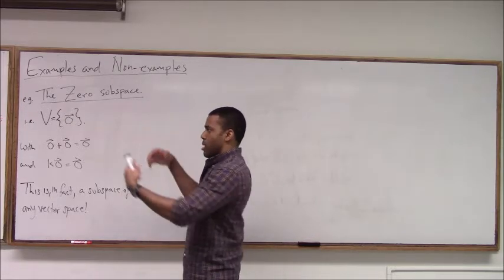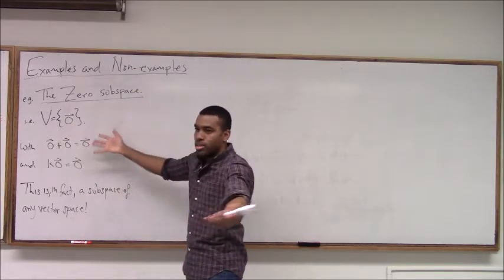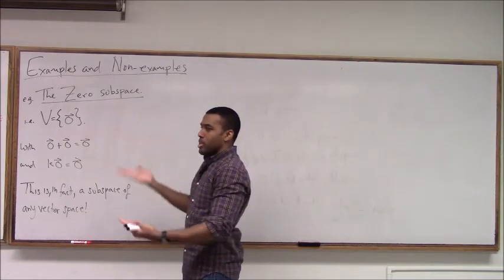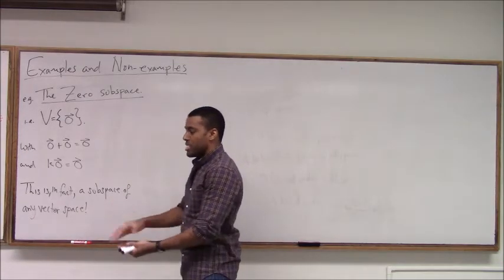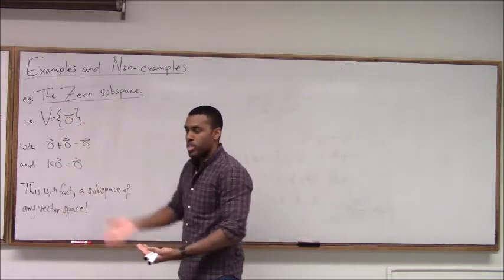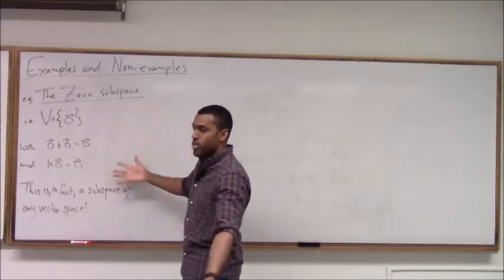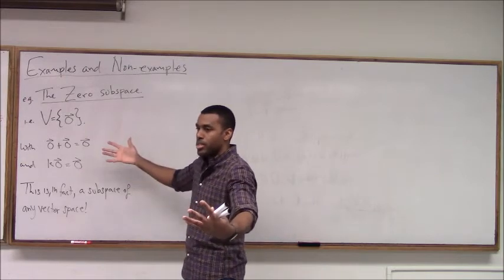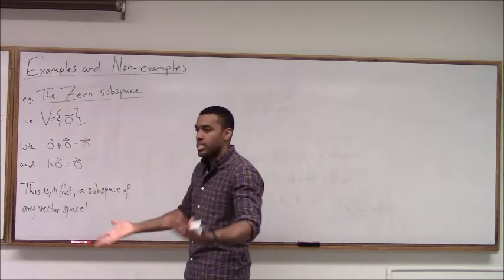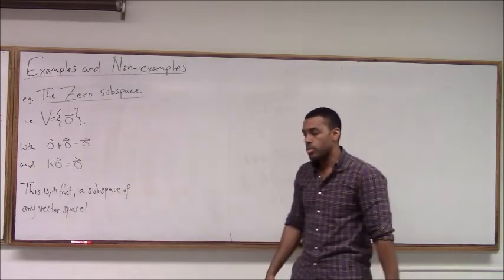So you can say, okay, I'm looking at R3, right? But let's look at a subspace of R3. So you know you're looking at something that's not the whole 3-space, but just a part of 3-space. R3 is the universe, that's everything, that's my vector space. What components of this can I study as vector spaces themselves?